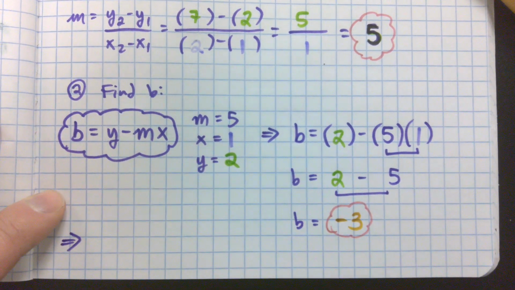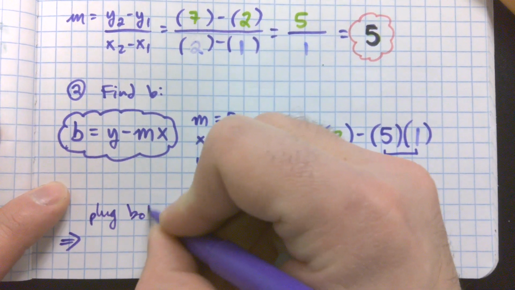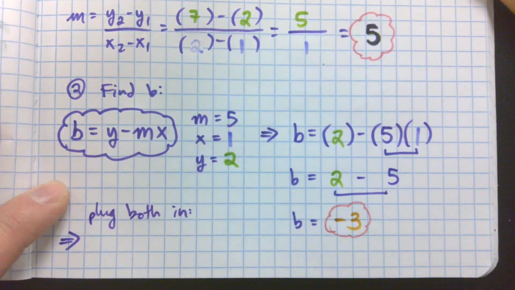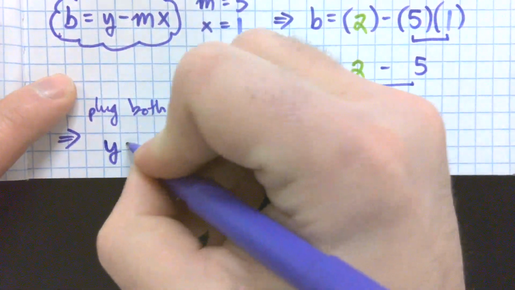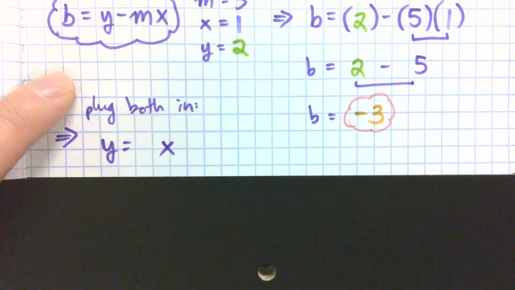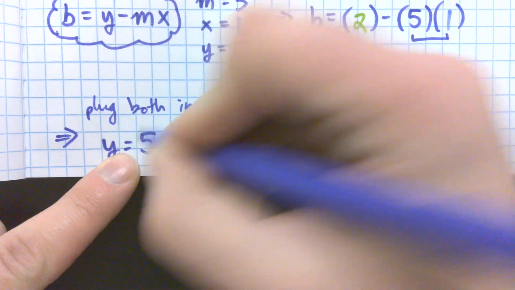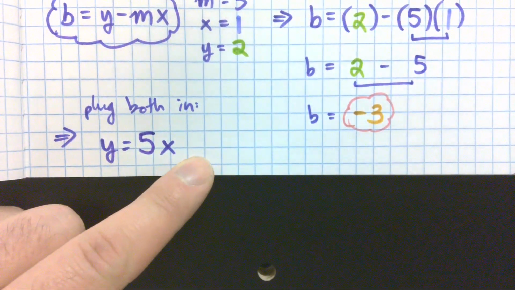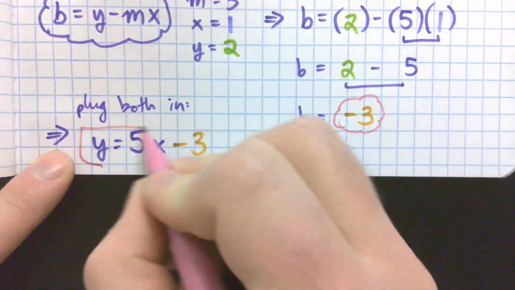All that's left to do now is plug both in. y is equal to mx plus b. My m that we found was 5. And my b that we just found right now was negative 3.